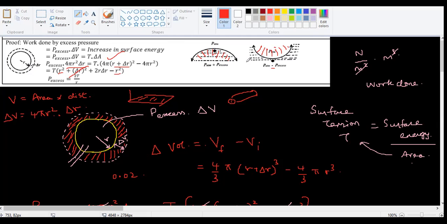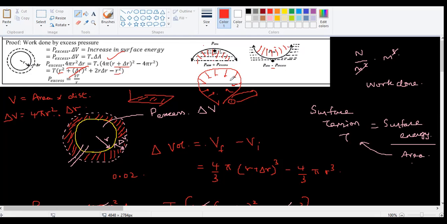If you are not able to imagine why it should be higher, you have to go back to the balloon example. When you blow a balloon like this, compared to the atmospheric pressure, here the pressure will be higher. So you can imagine this is a balloon. This is the concave side, so the pressure will be higher, because the forces are acting like this. Everyone following that? Anybody not able to follow that? To balance these forces, there must be a higher pressure.